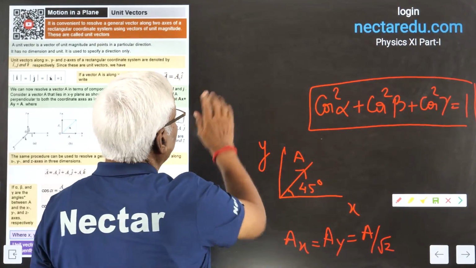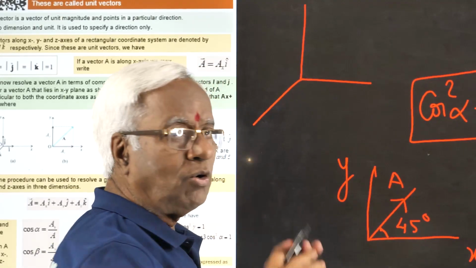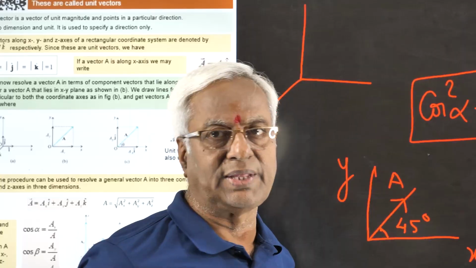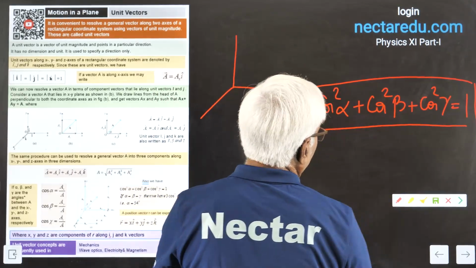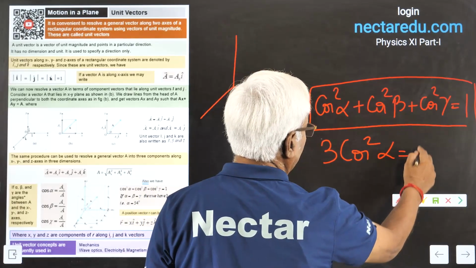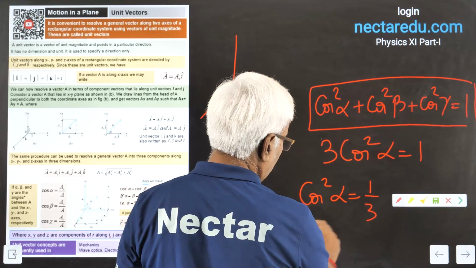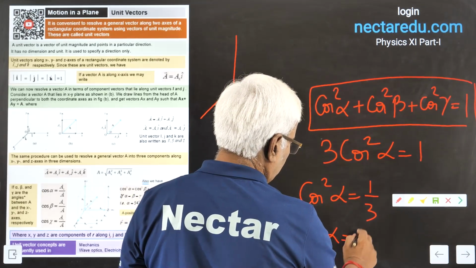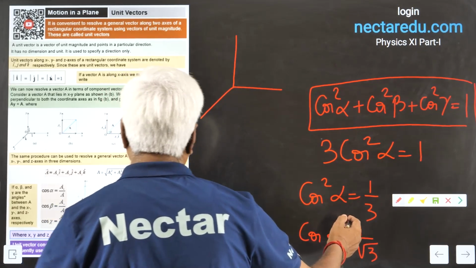But if you consider that the vector is making equal angle with all three axes, then obviously all these will be equal. Then what you'll get is 3 cos square alpha equal to 1, cos square alpha equal to 1 by 3, cos alpha equal to 1 upon root 3.